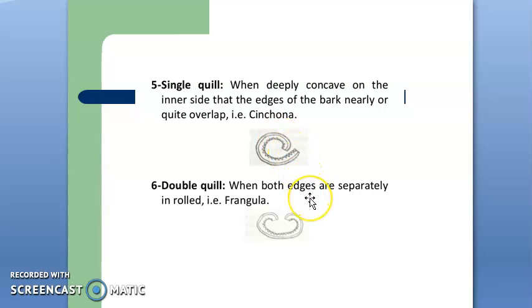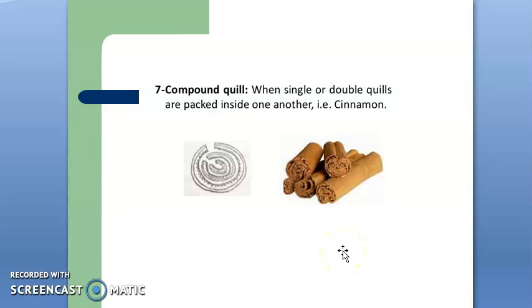Next, double quill. If both the edges of the bark roll independently and form a quill, that is called as double quill. Examples are Java cinnamon or Frangula bark. Next, compound quill.